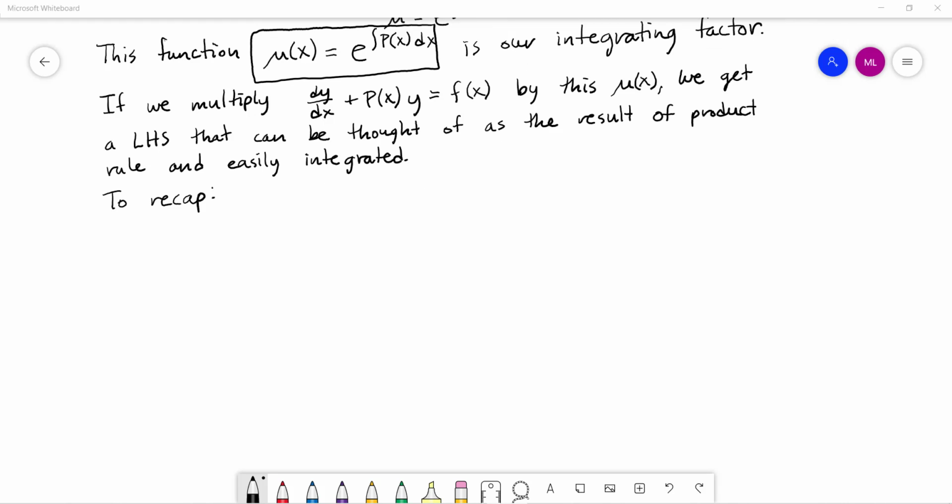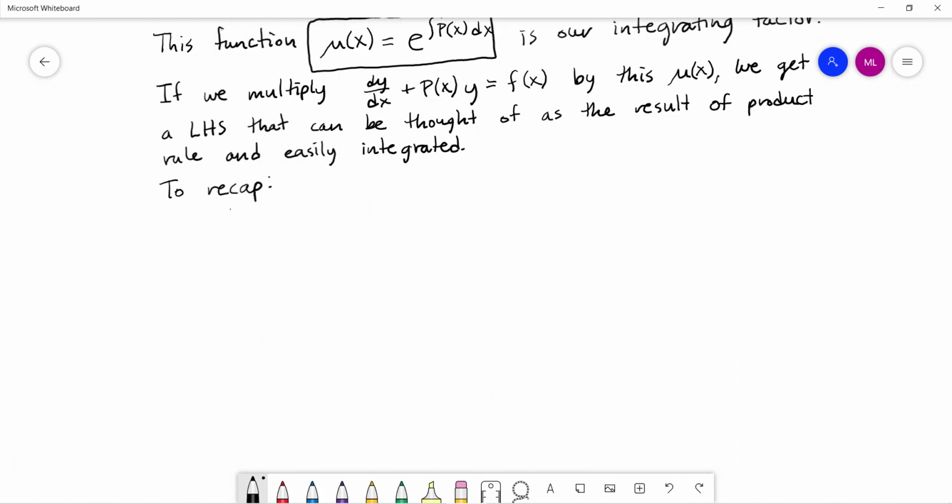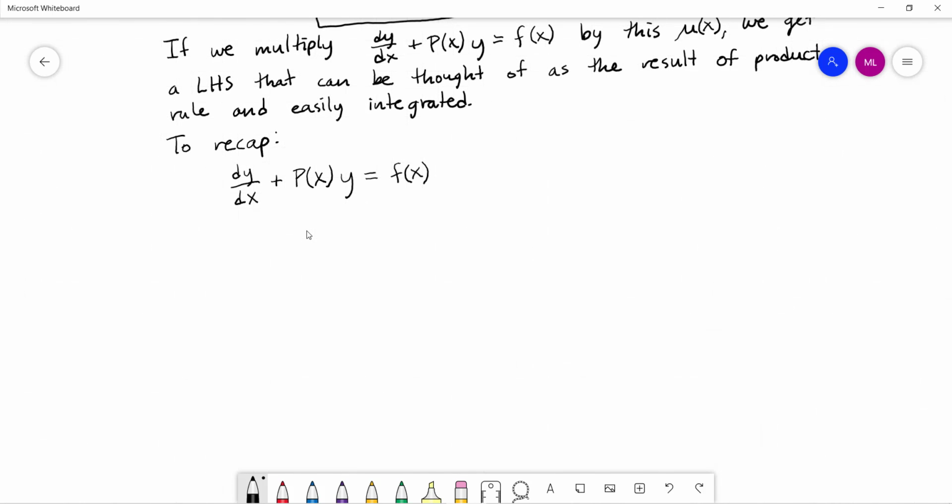we start off with a differential equation that looks like this: dy dx plus p of x y equals f of x. If we multiply it by this particular function, mu of x, the whole thing, we will transform the left-hand side into something that can be basically the result of product rule.